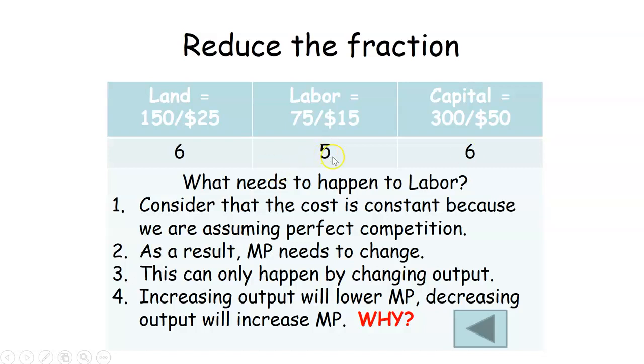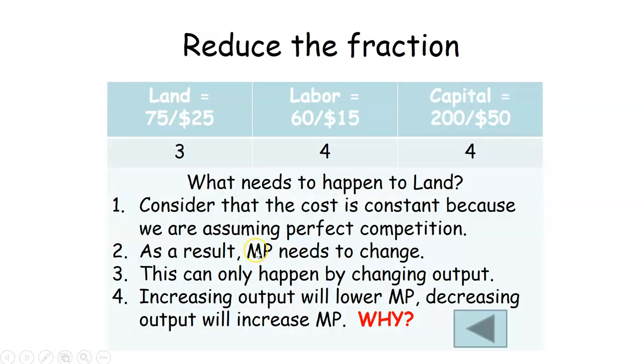So we're going to have to bring the labor number up to hit our optimal combination of resources. So how are we going to bring this number up? Well, remember, increasing output will lower it, decreasing output will increase it. So our marginal product per dollar is going to rise by using less labor. So we need to decrease the amount of labor in order to bring it up.